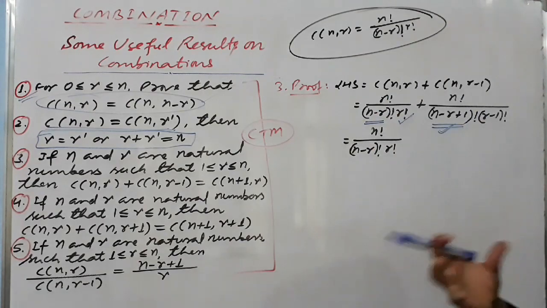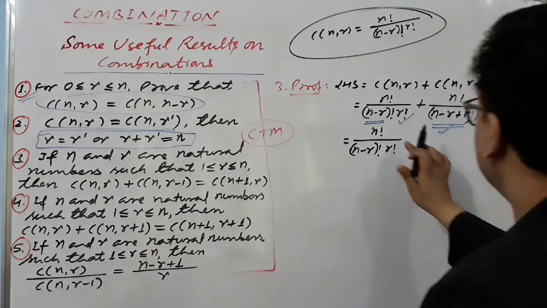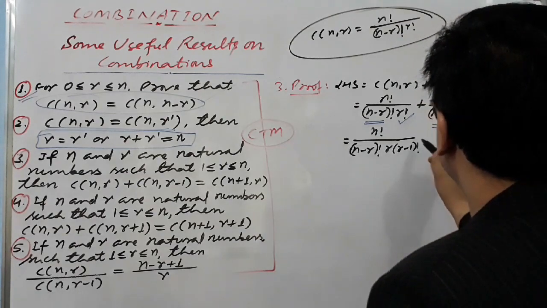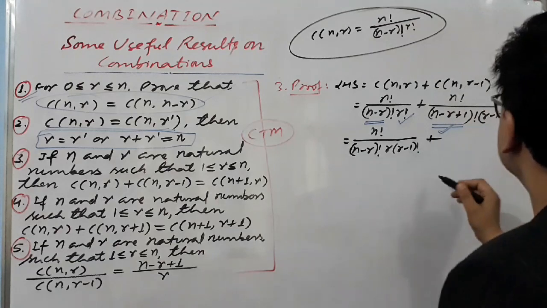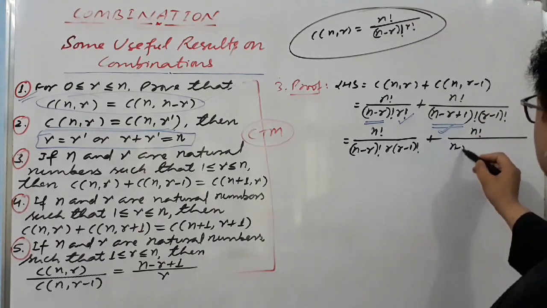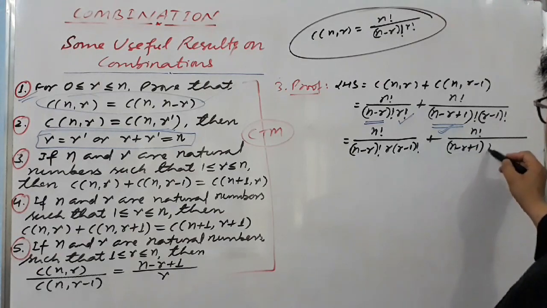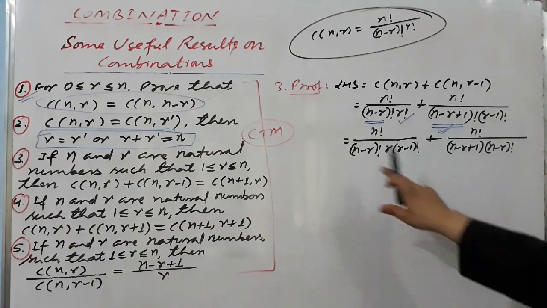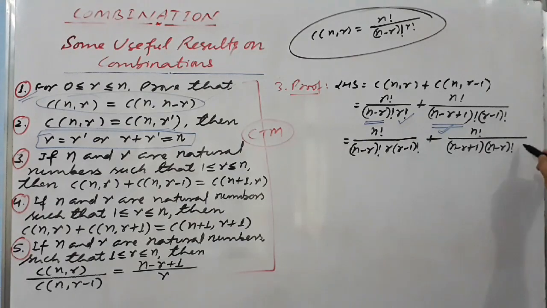Always expand the greater one. Here you can write r times r minus 1 factorial, plus n factorial same, and here n minus r plus 1 and you will get n minus r factorial. You will stop here because n minus r factorial is here, and we are not going to expand this one.